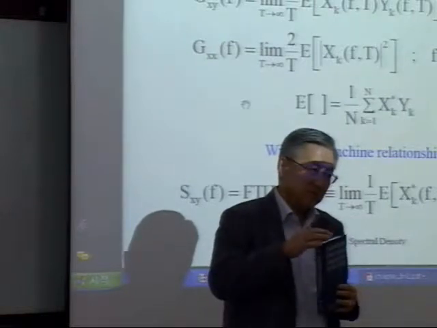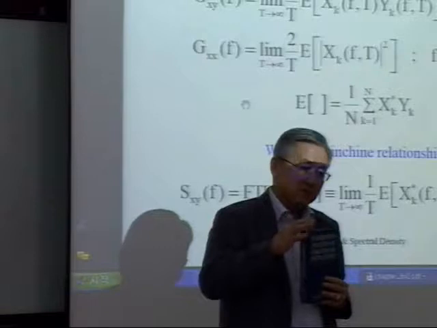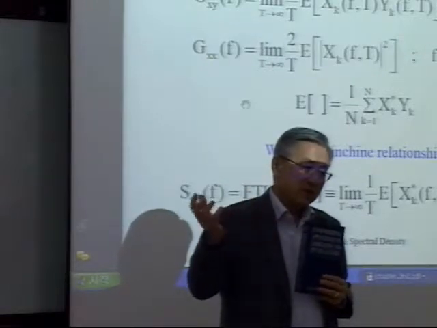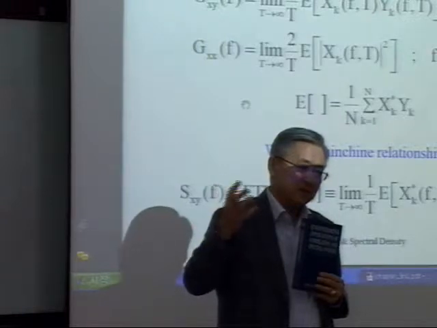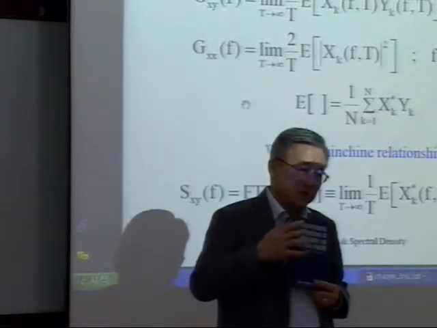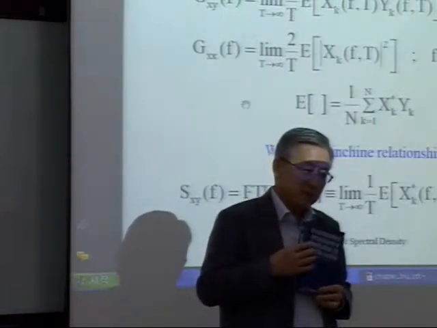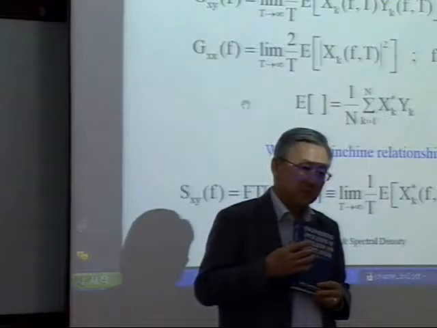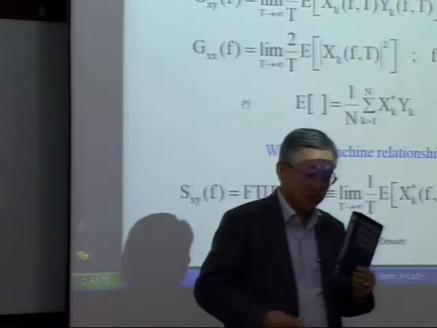The stuff I'm covering this year is mostly from this book, and some other books too. The David Newland book, which I covered some years. This year I cover from that book and this book, and another book written by Paul Wirsching, the random vibration relevant book.